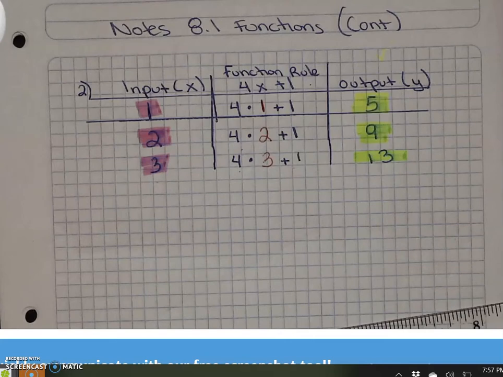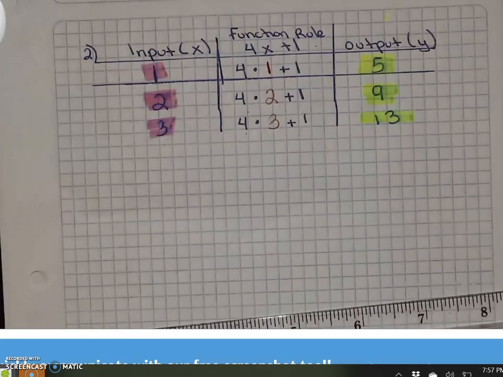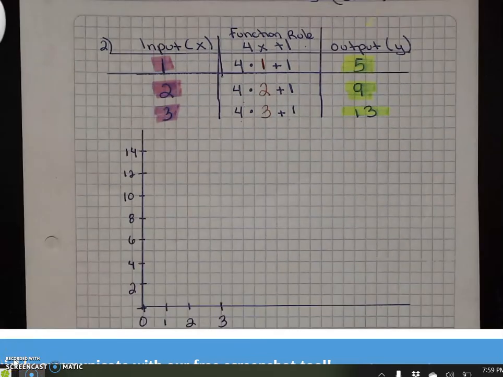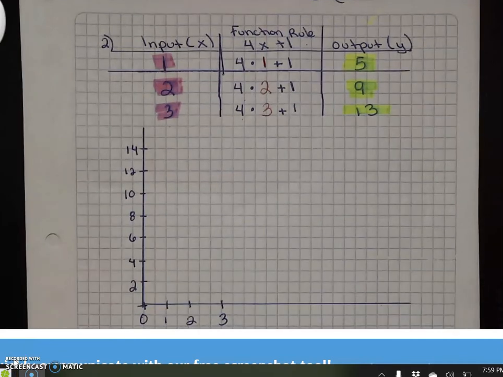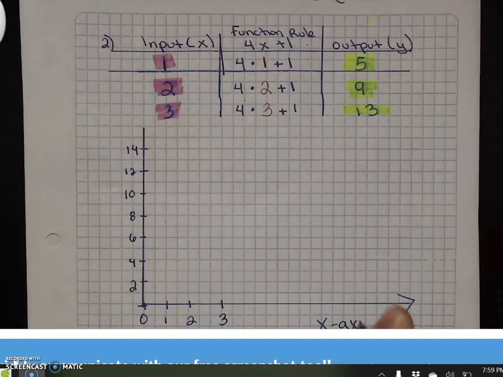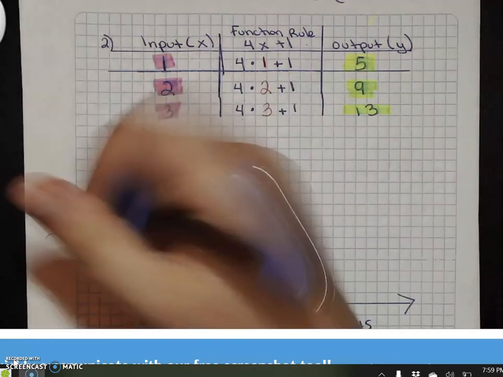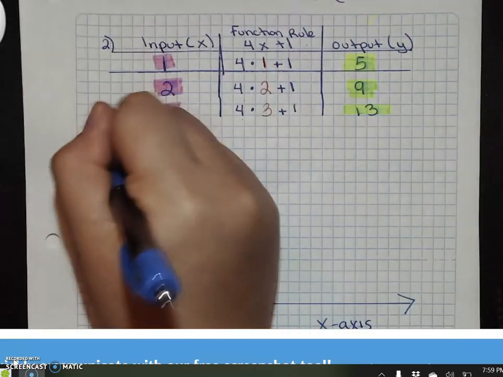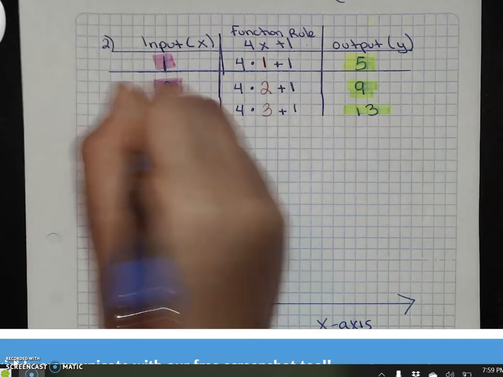Now, I have my information. Let's go ahead and create my table. With the magic of technology, I decided to create my information. For this, I'm going to be very brief with you. Again, this here is my x-axis, and going up and down, that's my y-axis.